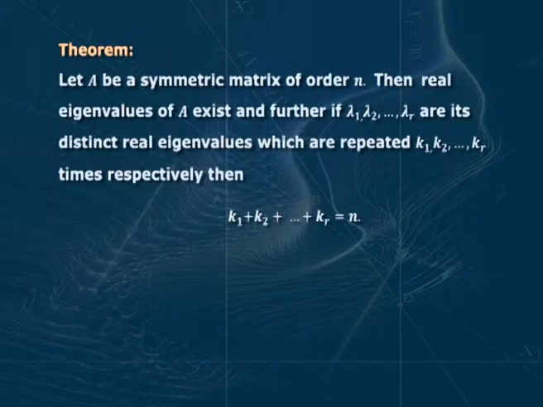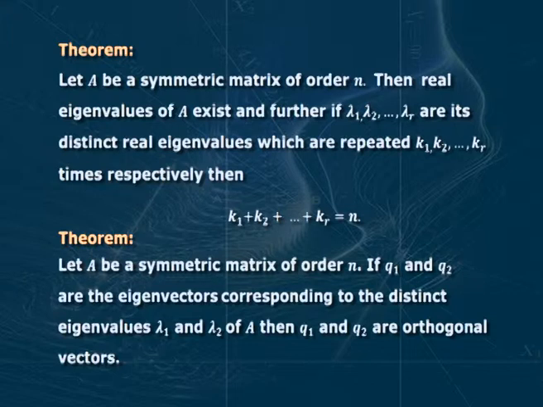Theorem: let A be a symmetric matrix of order n, then real eigenvalues of A exist, and further if lambda 1, lambda 2 and so on up to lambda r are its distinct real eigenvalues, which are repeated k1, k2 up to kr times respectively, then k1 plus k2 and so on up to kr is equal to n.